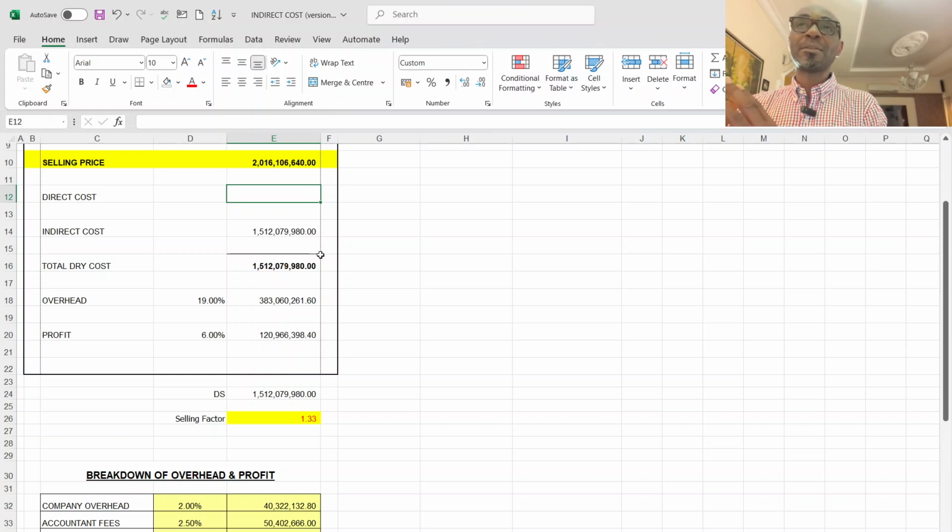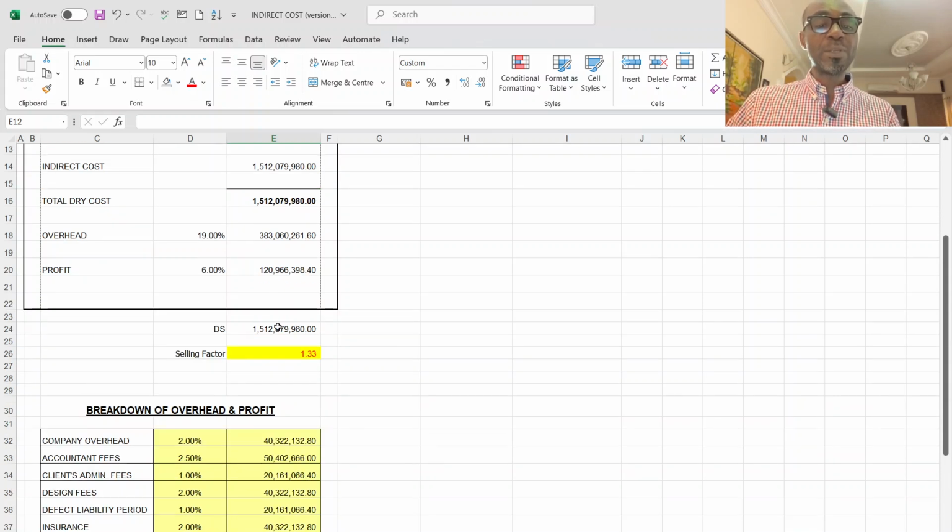I'm only linking because I'm discussing concrete. So when you are pricing direct cost, this portion where I've clicked my cursor is where I will link all my direct works cost. Then this one is what you're going to link to the bill, that will multiply by the dry cost to give you what the selling will be.